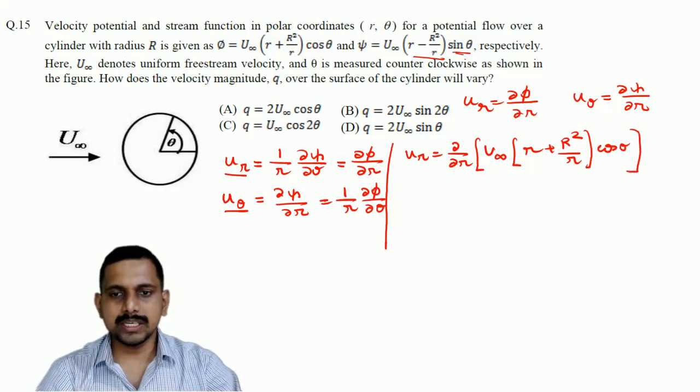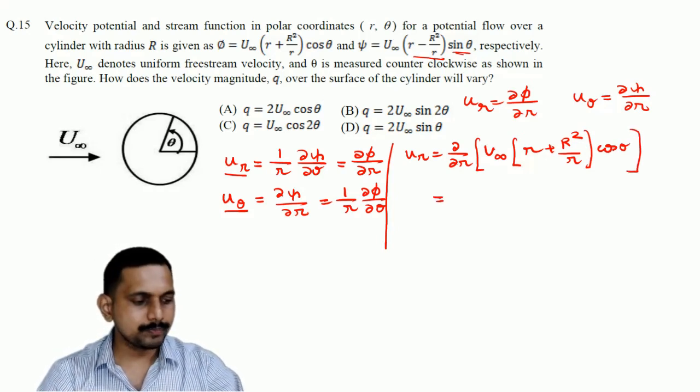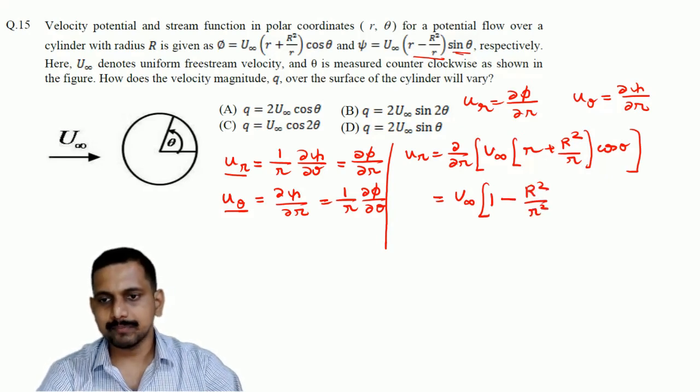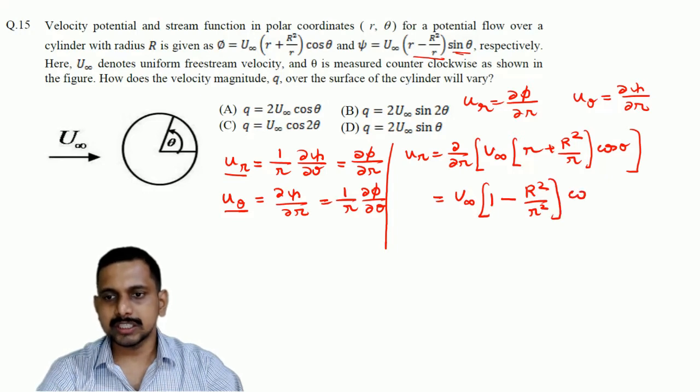So now this comes as equal to u infinity into 1 minus R square by r square into cos theta.